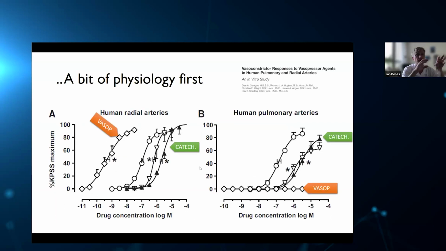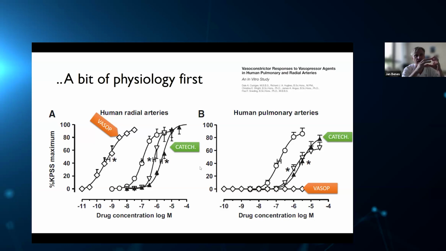Also, you have a different distribution of the receptors among the circulation. There are data pointing out that, for instance, vasopressin receptors are distributed more within the systemic circulation and within the gastrointestinal tract, but they are poorly expressed within the pulmonary circulation.